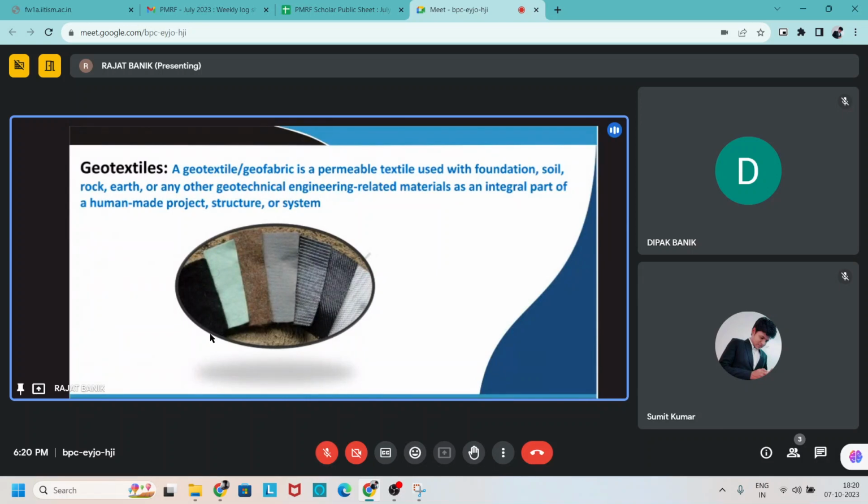So this type of geosynthetic material, geotextile, is also called geofabric. It looks like a cloth. It is permeable in nature and is mainly used for drainage or filtration purposes, and sometimes for separation purposes with some human-made projects like dams, roads, and foundations.